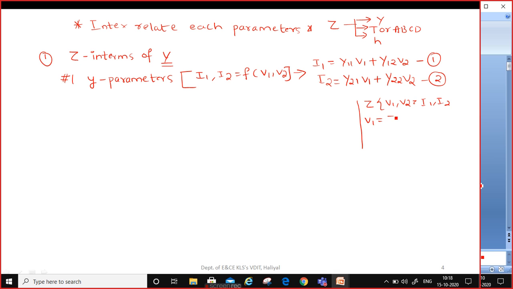V1 is equal to Z11 I1 plus Z12 I2. V2 is Z21 I1 plus Z22 I2. Call this equation 3 and this one equation 4. Did you get this till equation number 4, everybody?